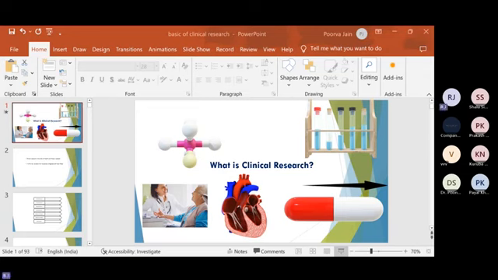In today's class, we'll focus on the first one, treatment research. As I said, in treatment research, we try to identify various treatments for a particular illness.